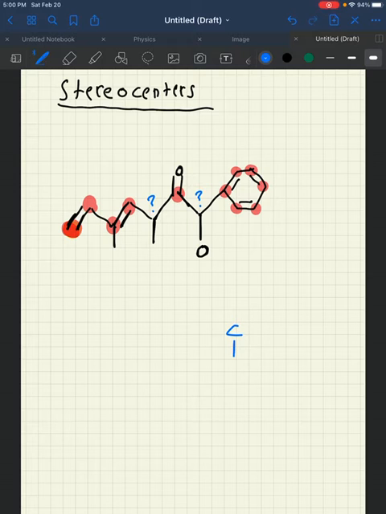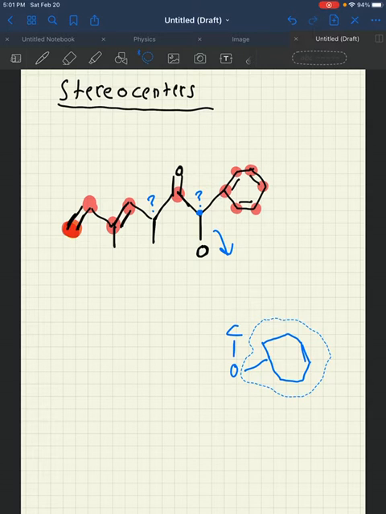I have a carbon bonded to an oxygen. For this one right here, we're going to draw it out real quick, down here. So I have a carbon bonded to an oxygen, which is bonded to a 1, 2, 3, 4, 5, 6, cyclohexyl. So, a poorly drawn cyclohexyl, but you guys get the point. And then, wait, my bad, guys. I did not mean to draw that bonded to the oxygen. It's supposed to be bonded to the carbon.